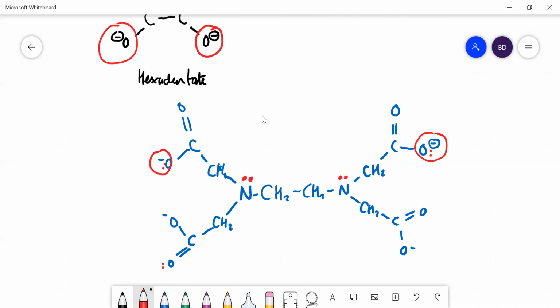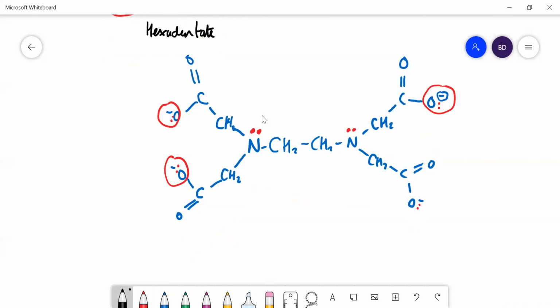Now, you don't have to remember how to draw that, but they do quite often ask, and they'll say circle where the dative bonds are formed from. So it's not that difficult to remember. Everything is diaminoethane with 4 ethanoic acid groups stuck on it.